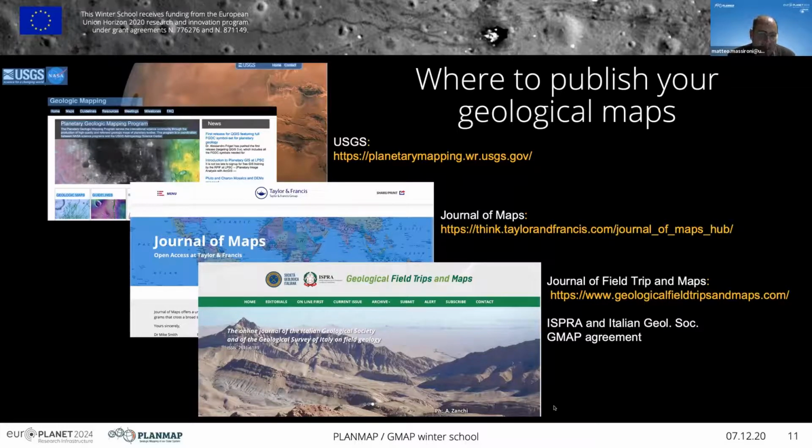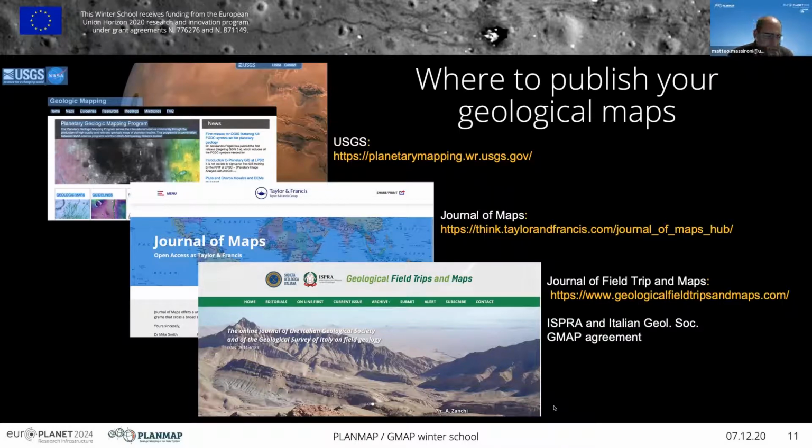At the same time, we would like to favor the publication of maps specifically on journals that are dedicated completely to maps. These journals are the Journal of Maps and the Journal Field Trip and Maps, together with the USGS program. The Journal of Maps publishes all kinds of maps, as you see there.